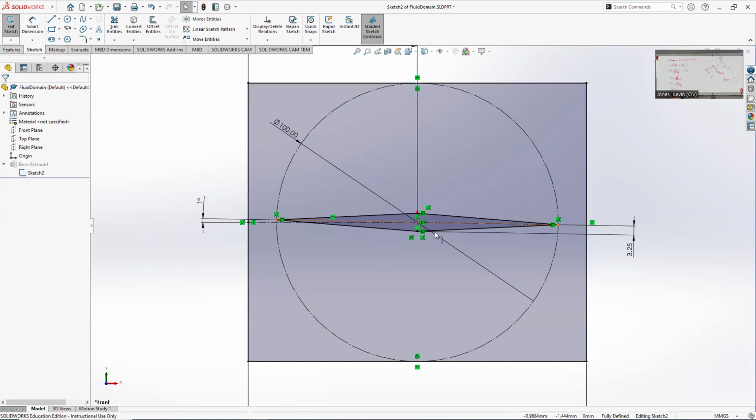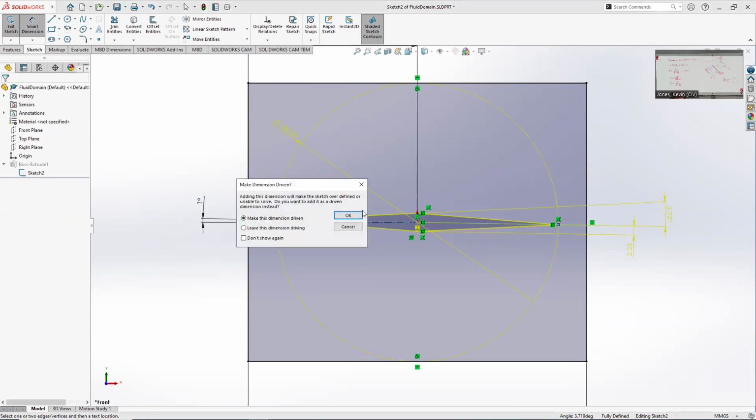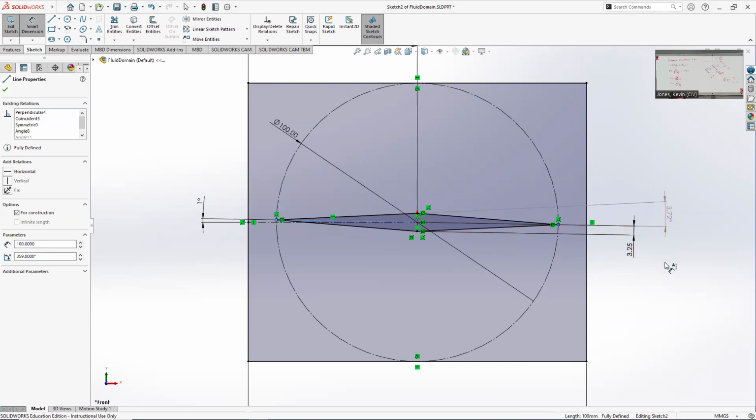You can actually dimension it here. That's our half wedge angle. So that's the wedge angle of the airfoil itself, and then we subtract 1, so 2.719, I guess it was.